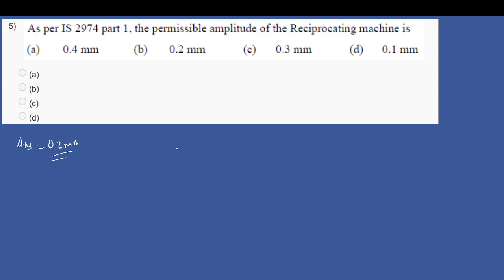So whenever, let's say on any floor or any ground surface of the building, if you place a certain machine and if you make it vibrate in the vertical direction, the allowable displacement amplitude of this floor is not more than 0.2 mm. So the correct answer is 0.2 mm.